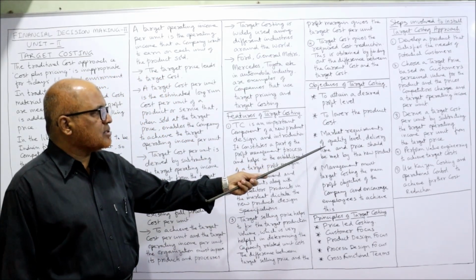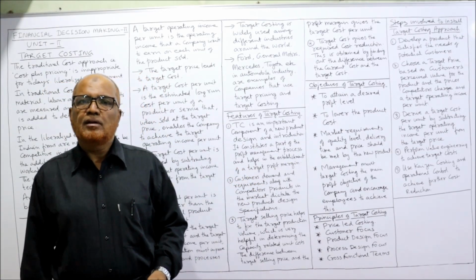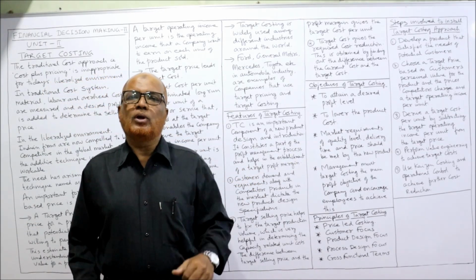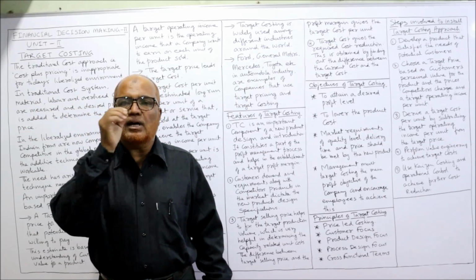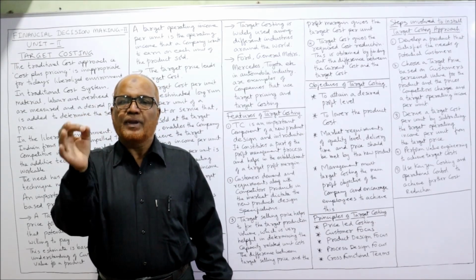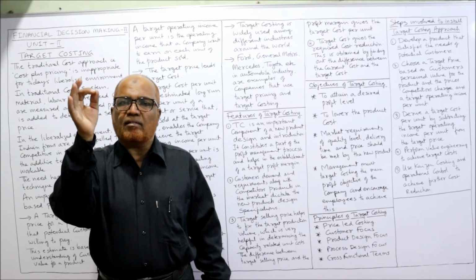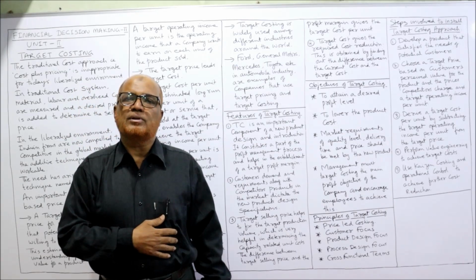The market requirements of quality, level, delivery time and price should be met by the new product. See here, the product should not only be produced, but it should be produced and supplied to the customers when they are required. At the right time, at the right place, at the right price, the goods should be delivered to the customers.